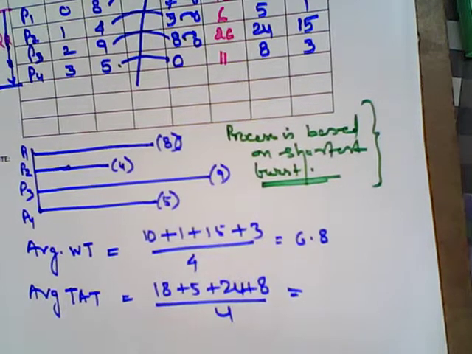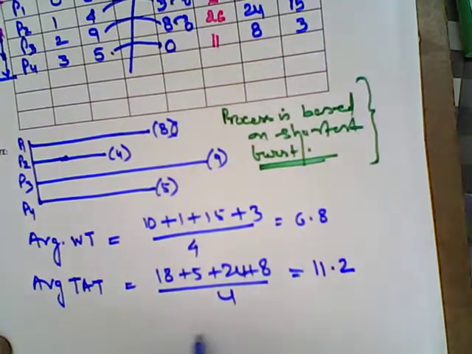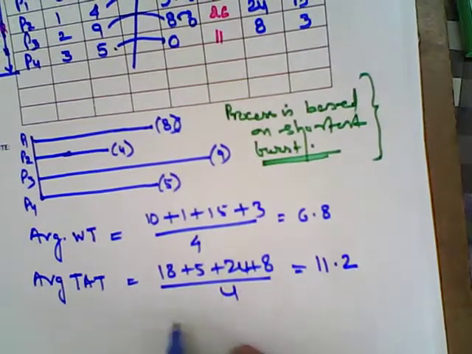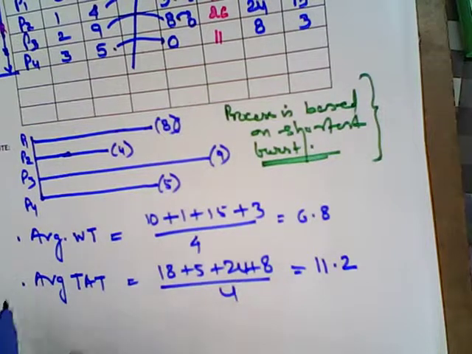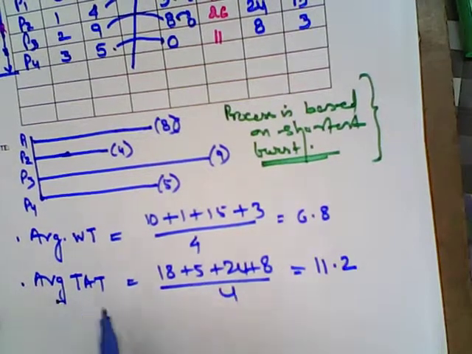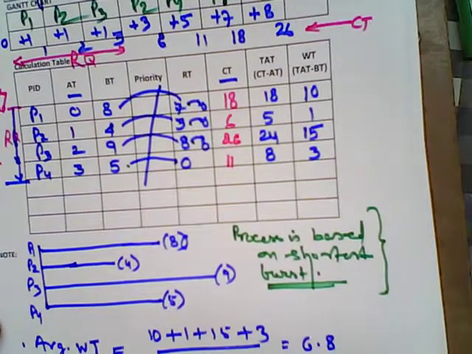So these are the two important components normally asked in all the questions: average waiting time and average turnaround time. So this completes the SRT algorithm, and I believe that you have understood based on the given ideas.